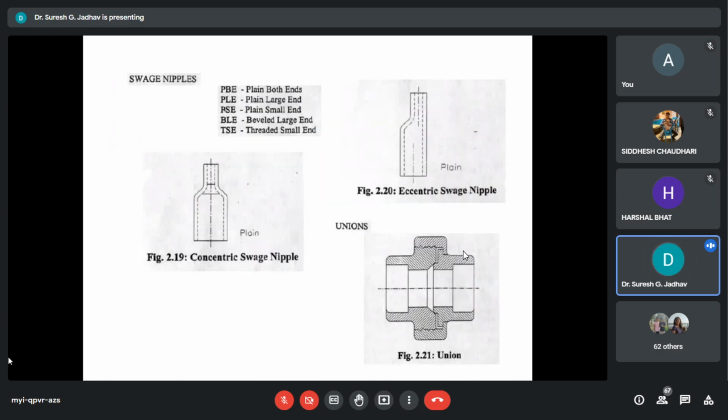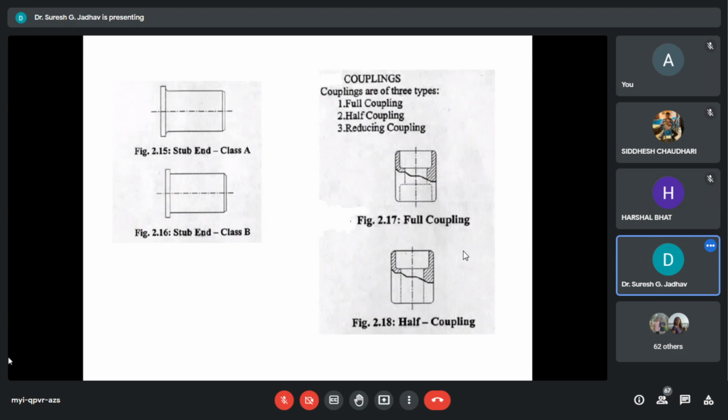Now next is reducing couplings. Reducing couplings maintain the pipe center lines the same, and eccentric swage nipples are used to maintain the outside surface the same for such systems.